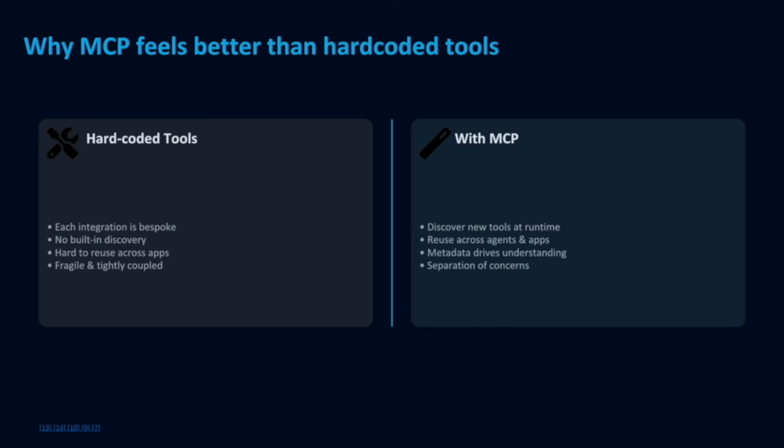Now let us understand, we have already known this difference, right? Hard-coded tools versus MCP: what are the advantages of MCP? Using MCP, you discover new tools at runtime itself, and reuse them across multiple agents and apps. Metadata drives understanding. Sometimes there is no hard and fast rule that you have to use an MCP server in your particular agent.